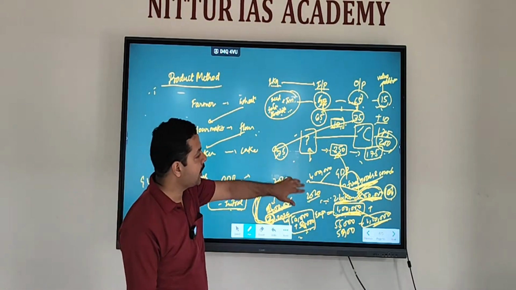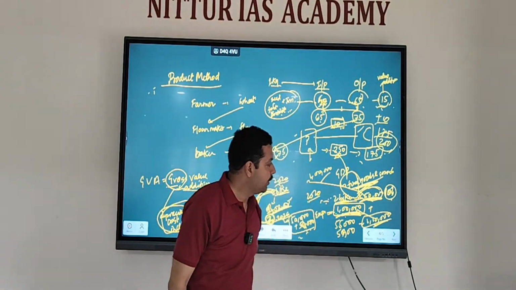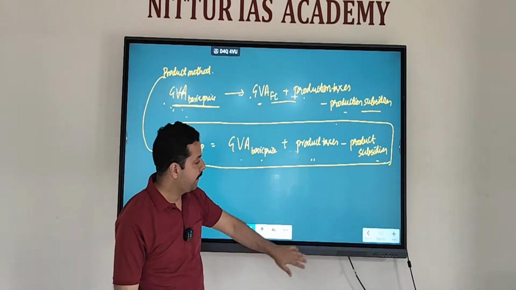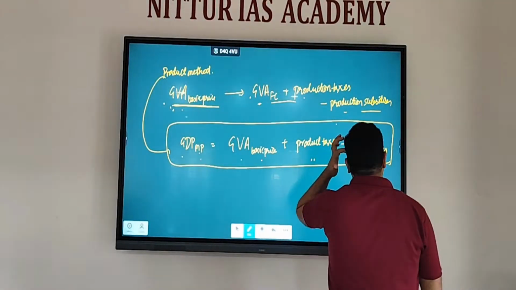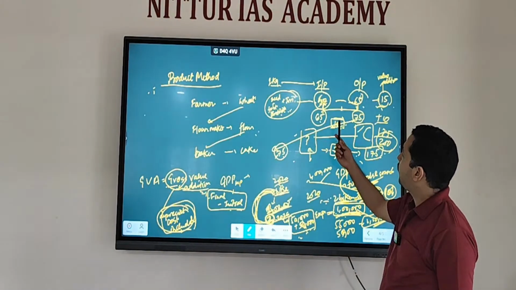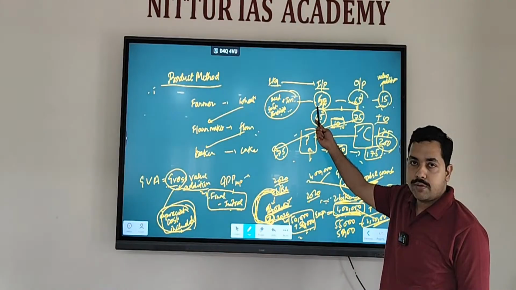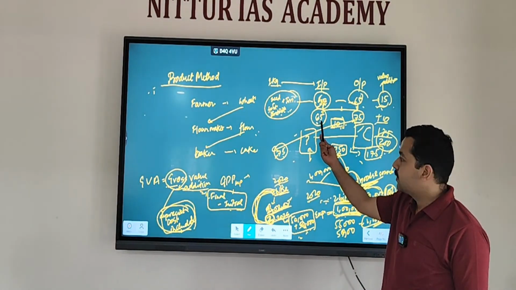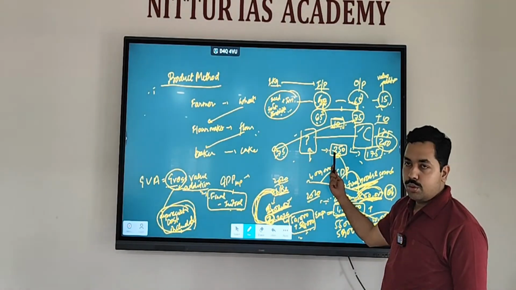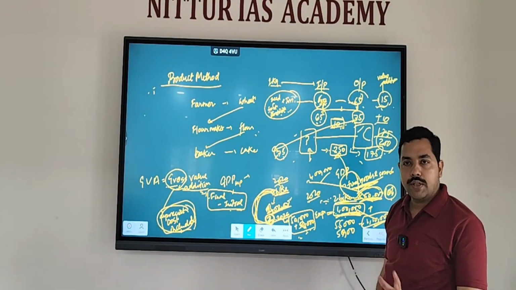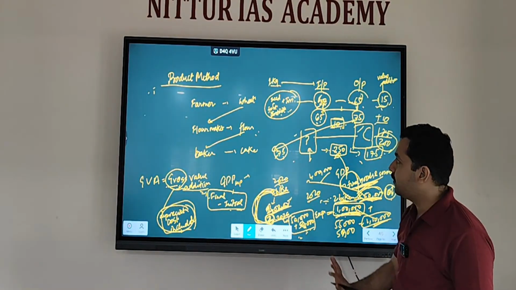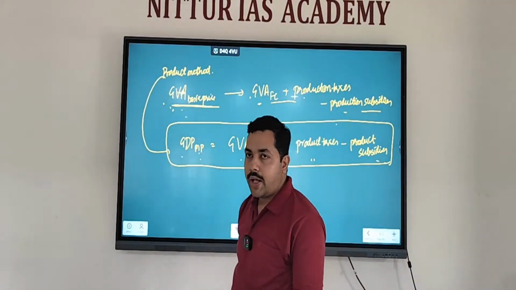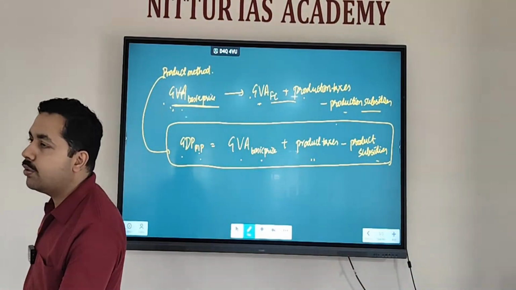In this example, the final one is 65, intermediate is 50. Final one is 75, intermediate is 65. Final here is 250, intermediate here is 75. So that you have to keep in mind with regard to the product method and the concept of value addition method.